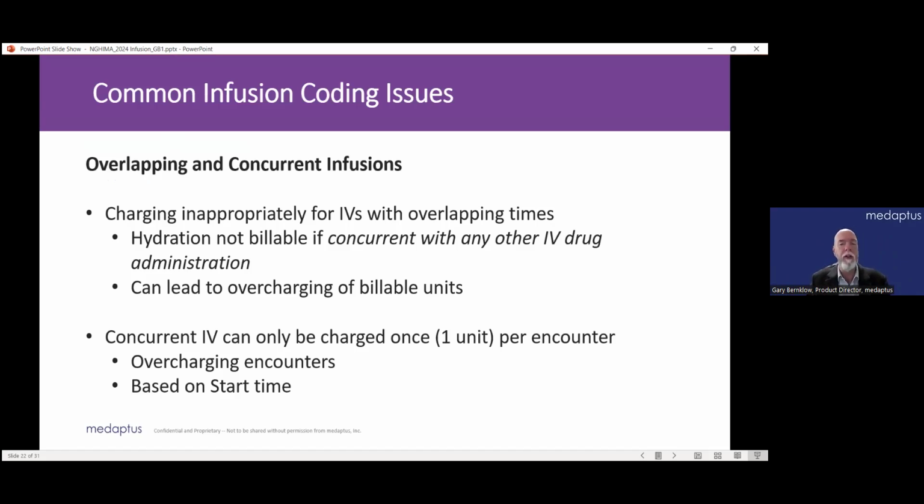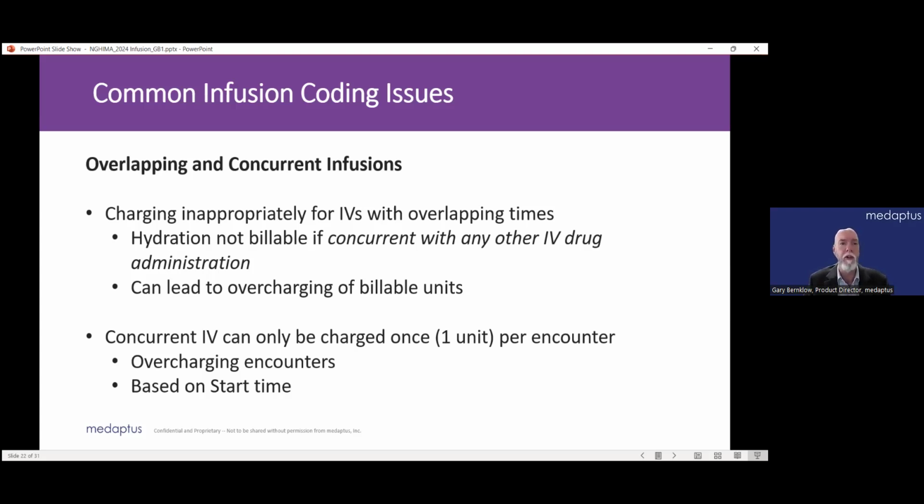It's not billable if it's concurrent with any other IV drug administration. If you have hydration running at the same time as a chemotherapy drug, the hydration service is not billable. You have to remove that duration that it overlapped from your unit calculation. And that can lead to overcharging of billable units.